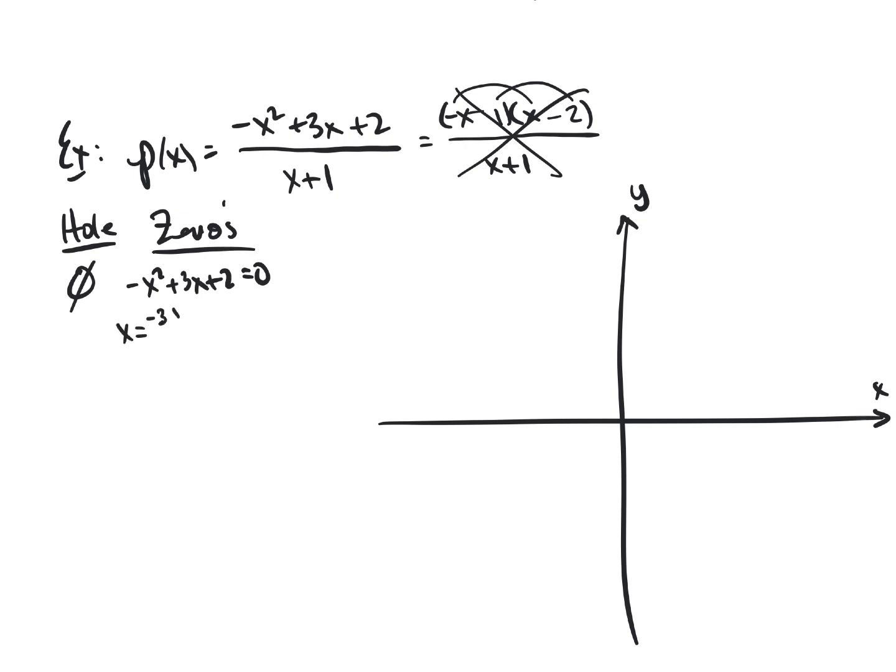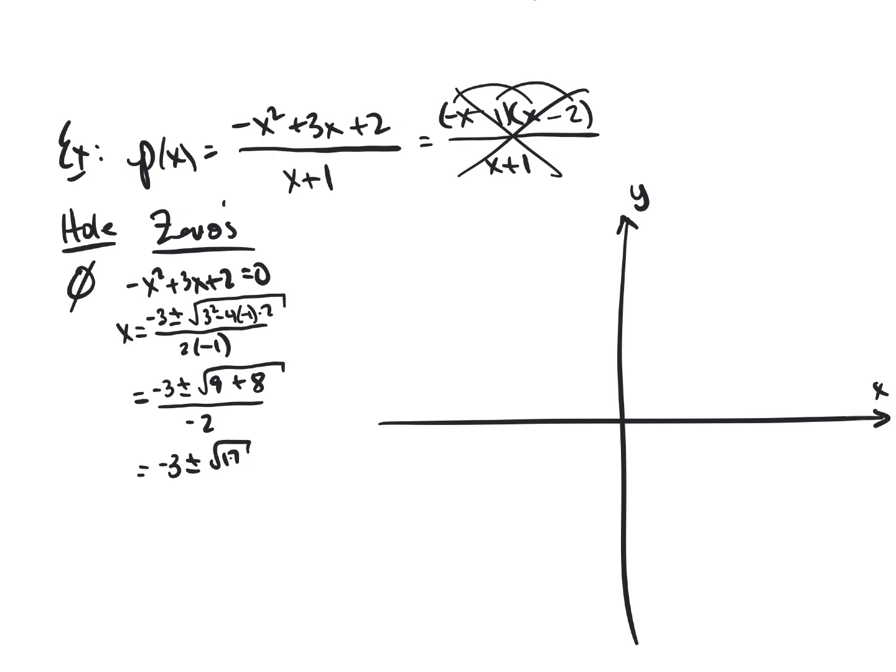So x is equal to negative b plus or minus the square root of b squared minus 4ac all over 2a. And let's see what we get here. Inside the square root, we'd have 3 squared, so that's 9. Negative 4 times negative 1 times 2, so that's positive 8. And down below, we have 2 times negative 1. 9 plus 8 is 17.